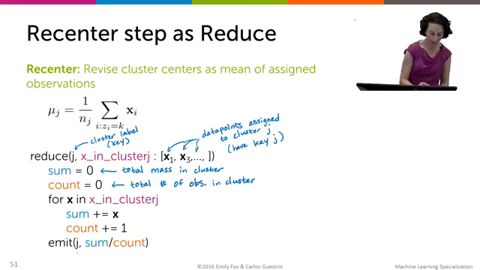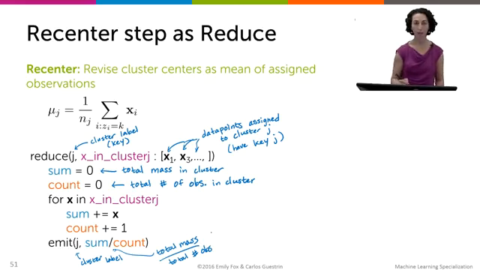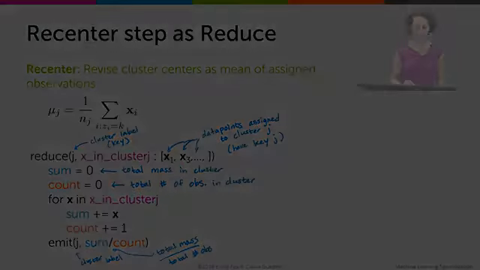And then we're going to return a key value pair where the key is the cluster label and the value is the new mean, which is total mass divided by total number of observations in the cluster. So again, we see how our recenter step fits very nicely within the reduce phase.